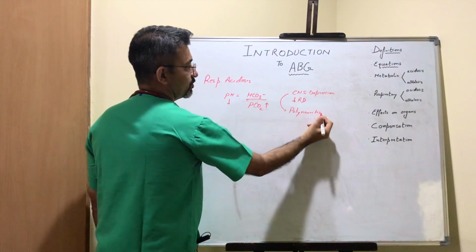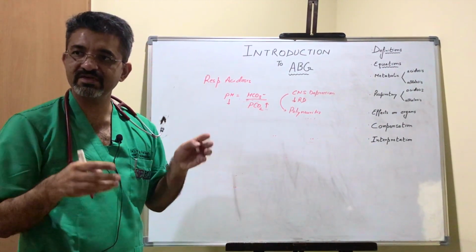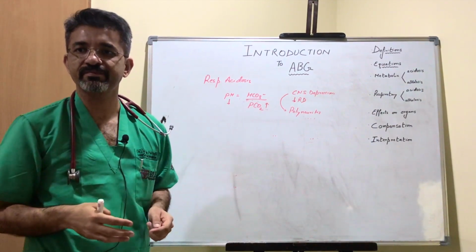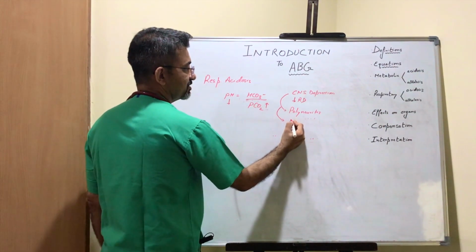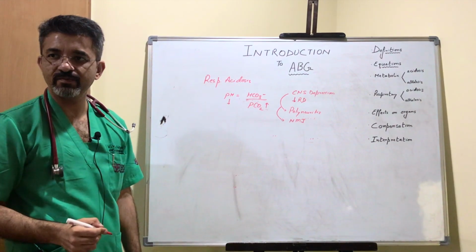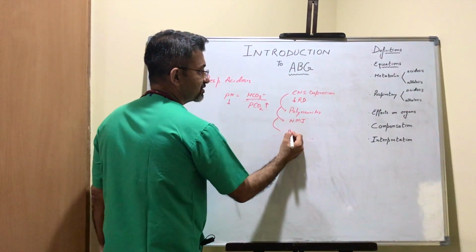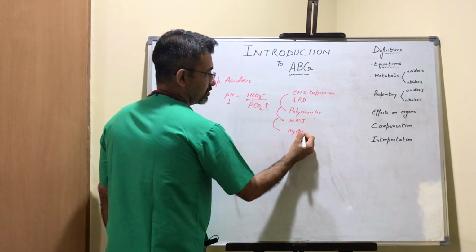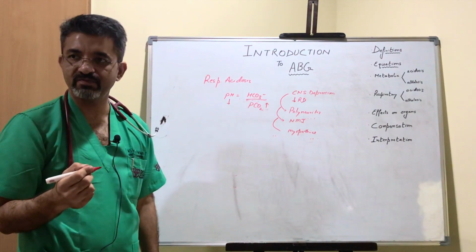Second is you have some problem with your nerves, polyneuritis, polyneuropathy, wherein the drive is there but it doesn't go through to your diaphragm. You have problems at the neuromuscular junction. Again, you will land up in respiratory acidosis. You have myopathies. You have, suppose, myasthenia gravis, say for example, right?